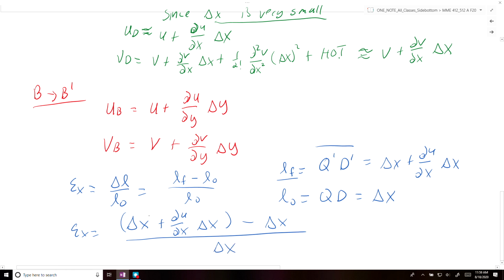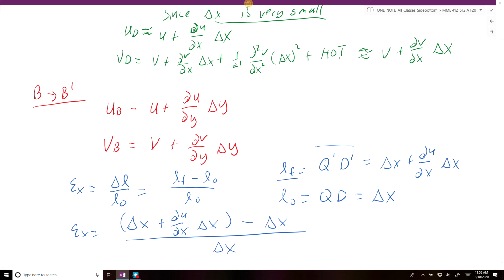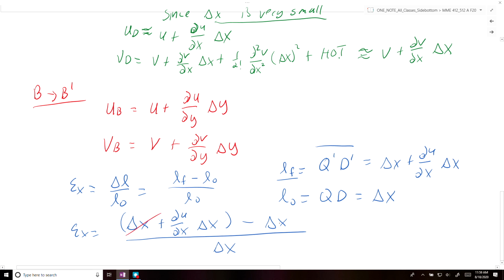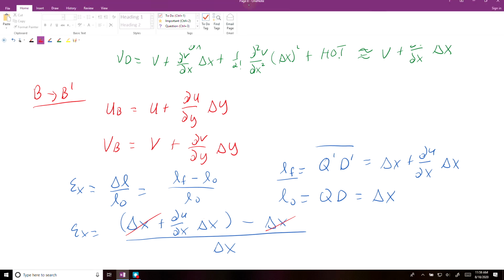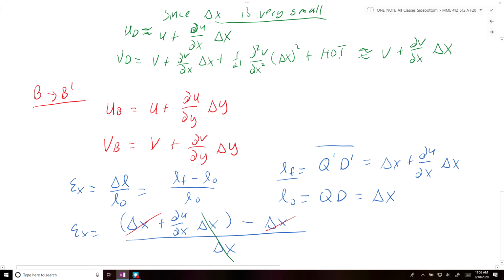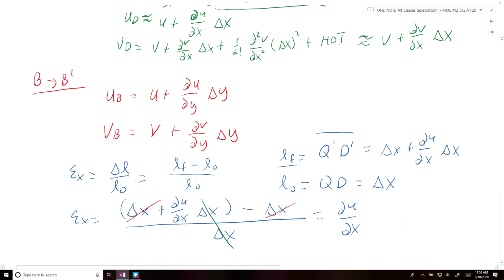So our delta x's on the top will cancel out. All right, and we're left with du/dx delta x divided by delta x. So our delta x terms will cancel out here, and we're left with just du/dx. All right.